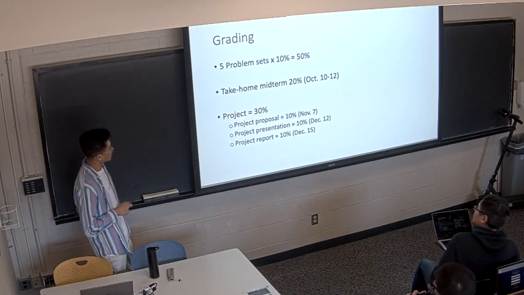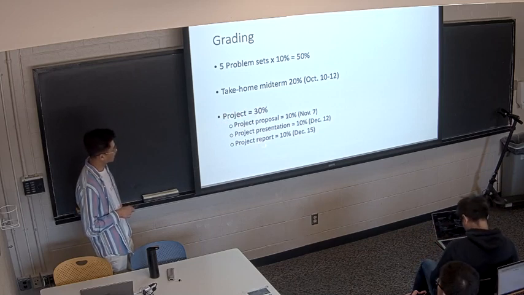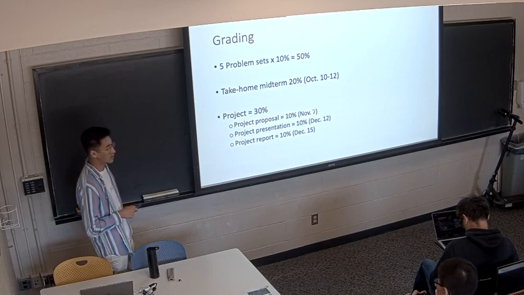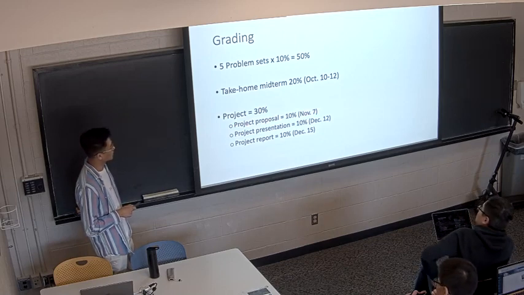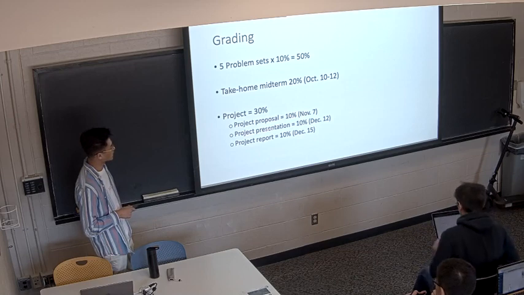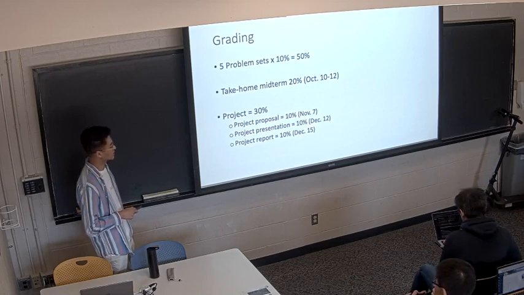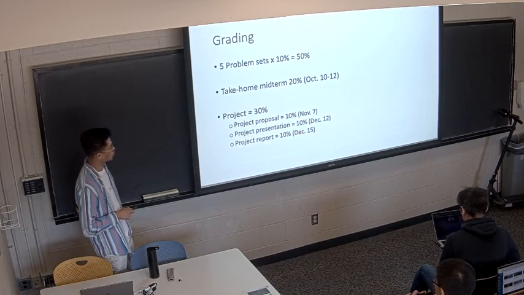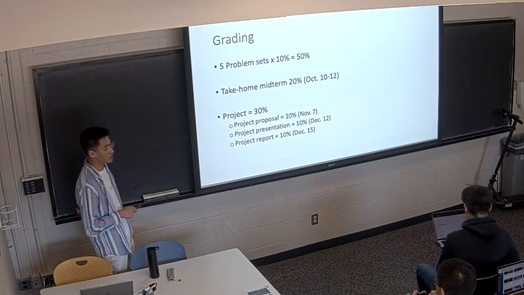For the project, it's graded in 3 elements. First of all, you need to have a proposal by November 7th. This will take about 10%. The presentation is the last meeting of the class, December 12th. It's also 10%. And the last 10% is the report. You need to write a final formal report 3 days after the presentation.